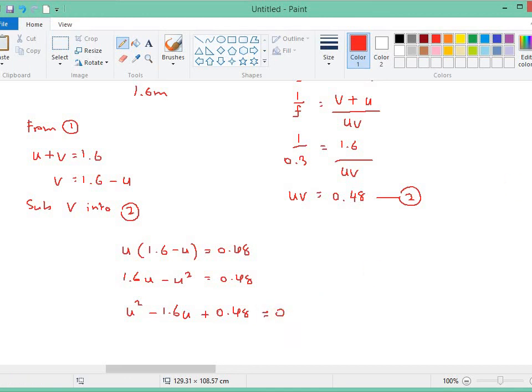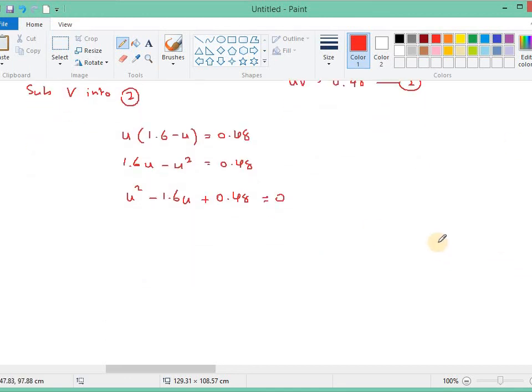So we need to factorize this one. We can use the formula for factorization.